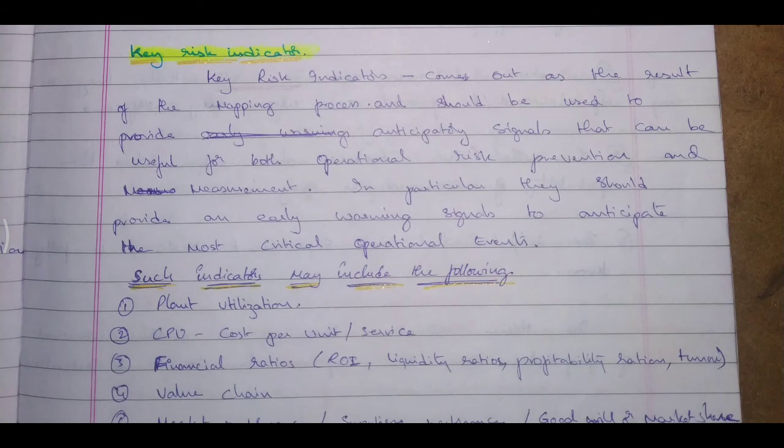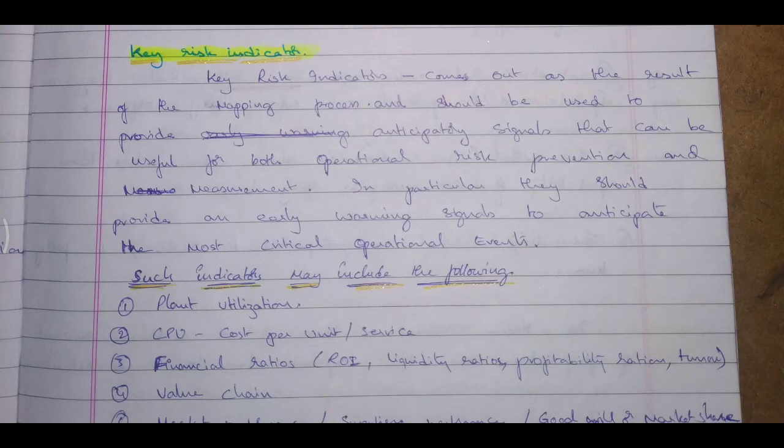What are risk indicators? Risk indicators come out as a result of the mapping process and should be used to provide anticipatory signals that can be useful for both operational risk prevention and measurement.